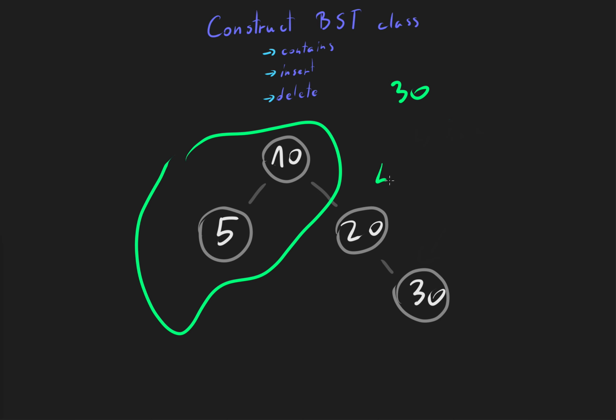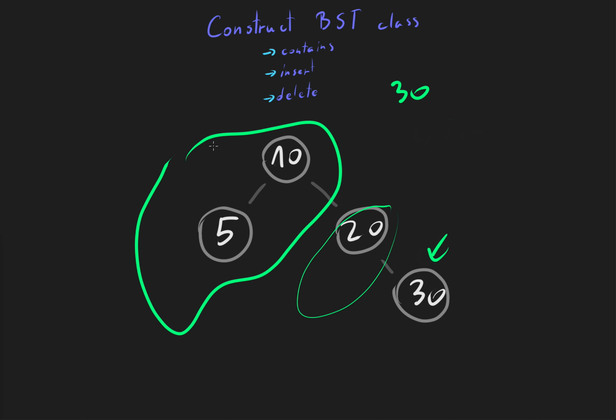We're here now, and we do the same. Is this value bigger than the current node's value? It is. We can remove all the left subtree, and we're finally at the node that has the value that we're looking for, and that's why we can just return true in this case.